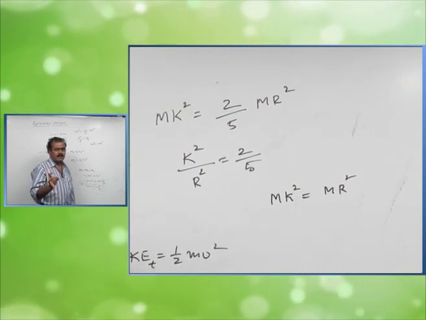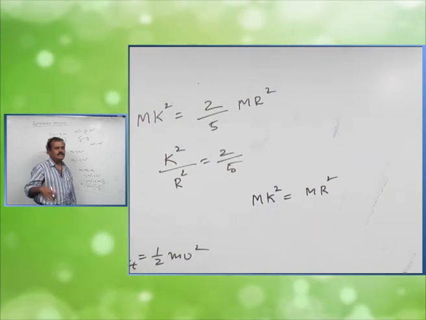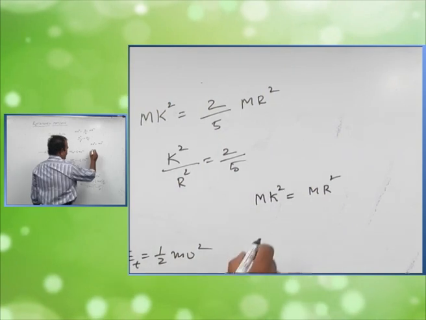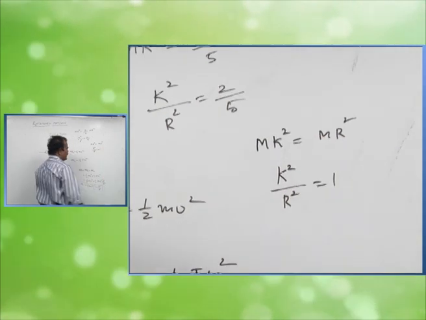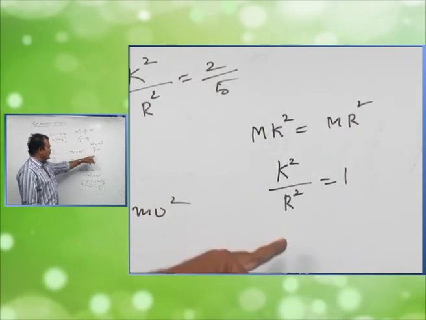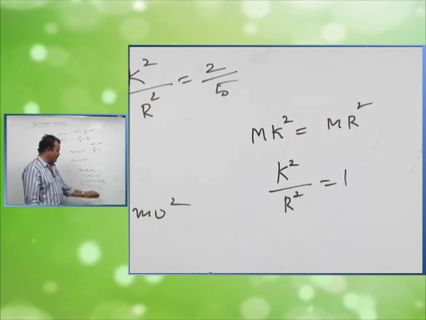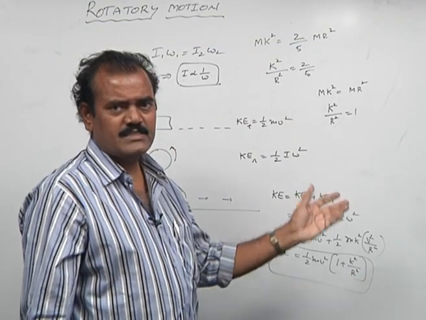The axis passing through the center and perpendicular to the plane of the ring becomes the natural axis. So mk square is equal to mr square, and k square by r square is equal to 1. Like that you have to get k square by r square. You don't learn by heart all these values for the different rolling bodies. You have to obtain k square by r square immediately within seconds.